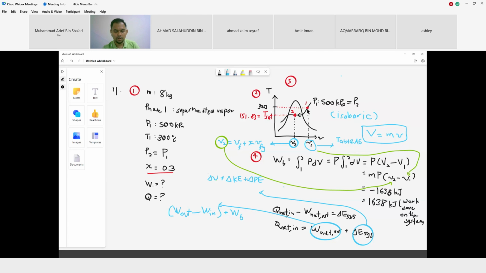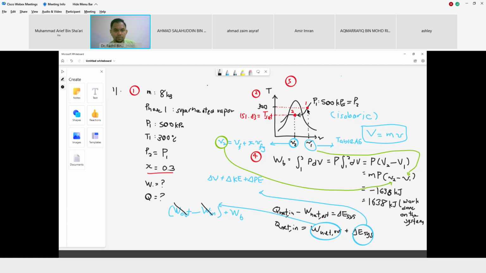Now let's look at them one by one. For the case of W net out, it is W out minus W in plus W b. In this question, W out and W in are not given, so we can cancel both W out and W in. Only W b is remaining.